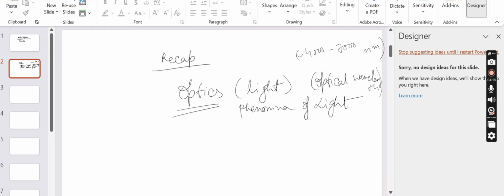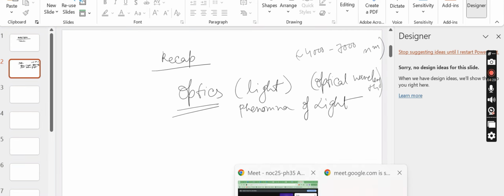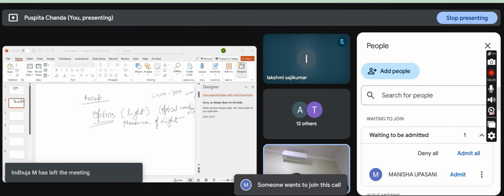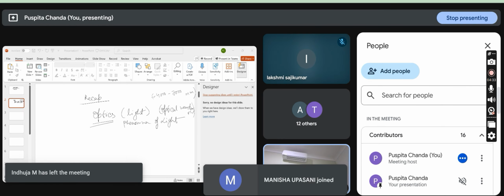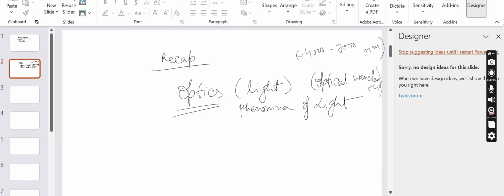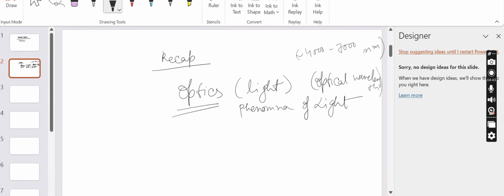But here we will only focus on the optical wavelength basically. Sorry, here it is indeed angstrom.